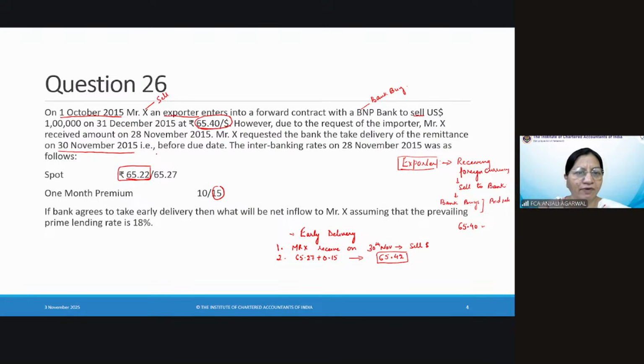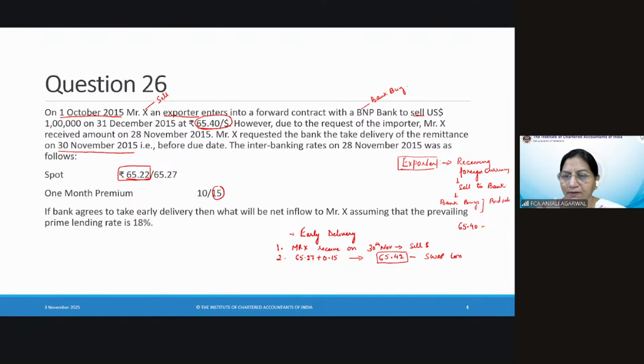Whereas to cover itself for the contract which it had entered already on 31st December, it will have to buy the dollars. So this is the swap which the bank will enter into. So the bank has to purchase at 65.42 and sell at 65.22. So this 20 paisa loss would be a swap loss which the bank would charge from the customer.